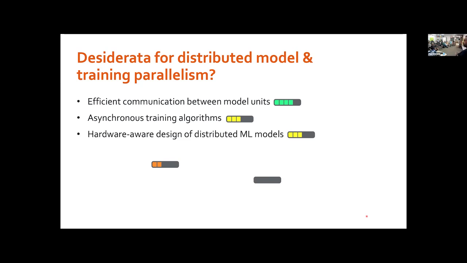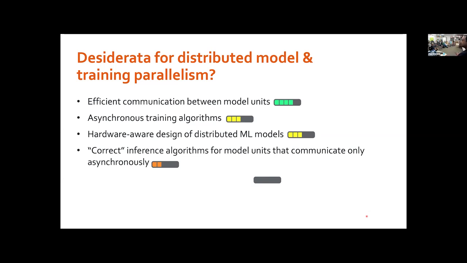Hardware-aware design of distributed ML models. A lot of the progress that's been made in deep learning has been writing GPU-aware code for the models, right? So, acceleration kernels, taking advantage of what the GPUs have to offer and using their memory hierarchy appropriately and so on. For distributed ML models, we need this as well.